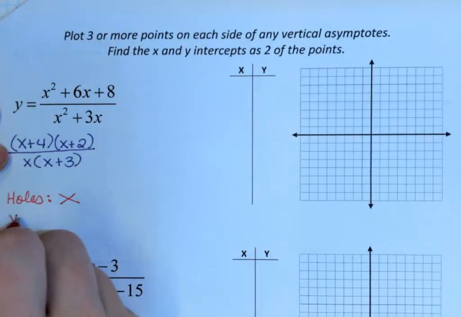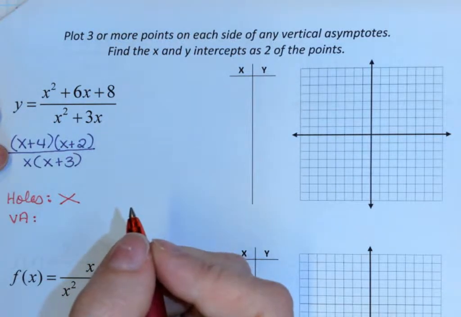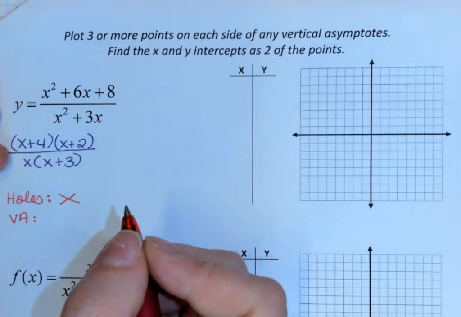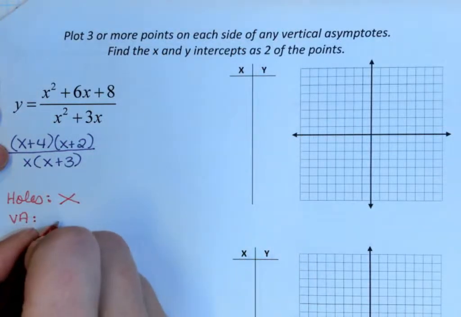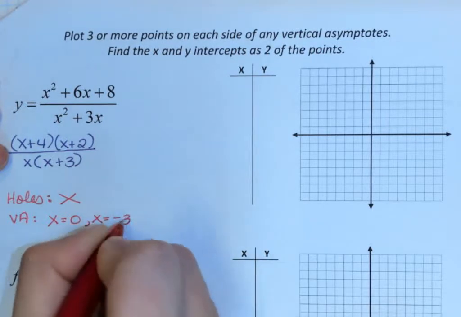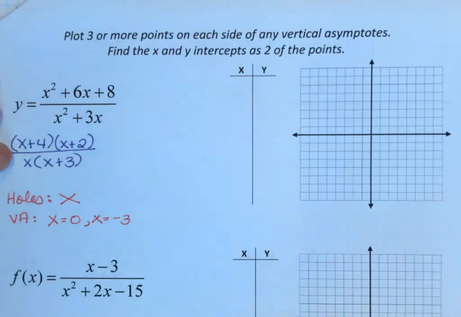Then I think about my vertical asymptote. Do I have a vertical asymptote? Yeah. Where are my vertical asymptotes? 0 and... So how do I write my vertical asymptotes? x equals 0. x equals negative 3. And I want to see those written out separately because those are equations of lines.